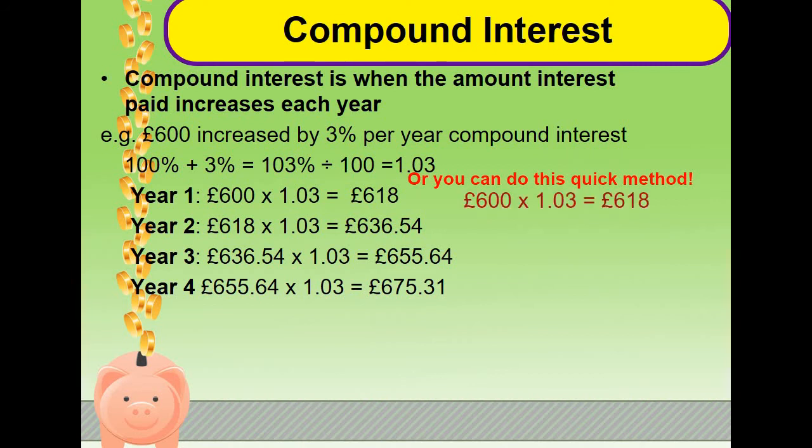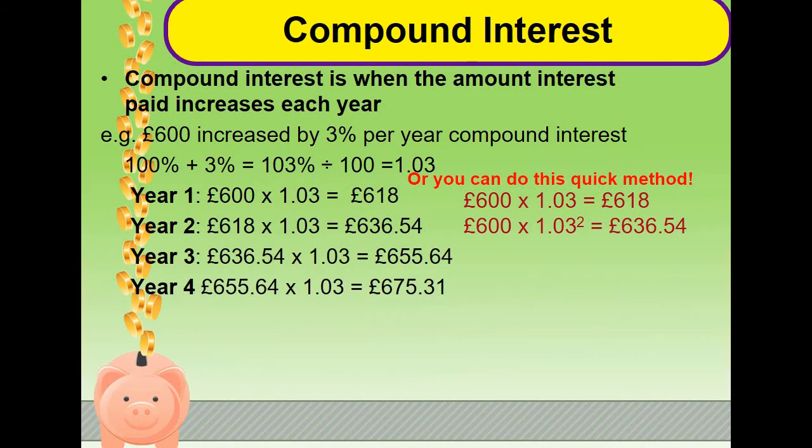Okay, so first year is the same, 600 times 1.03, but the second year, we can start with the 600 and just multiply by 1.03 squared, because the power of 2 is the number of years the investment is being put in for.